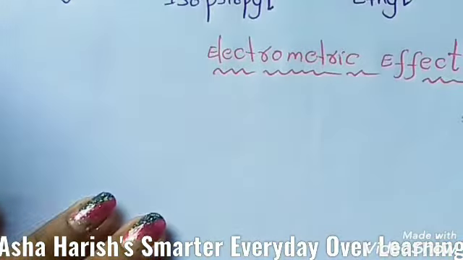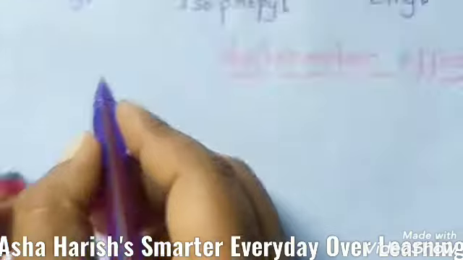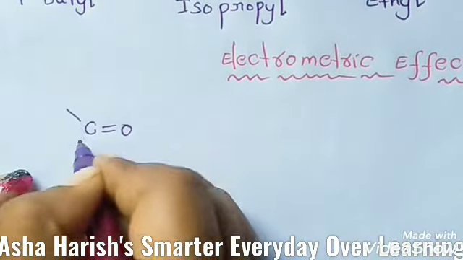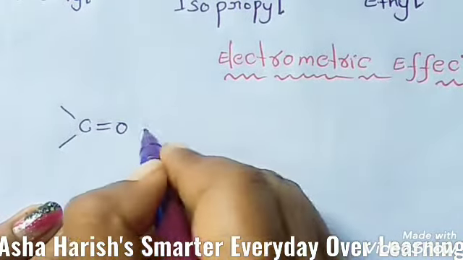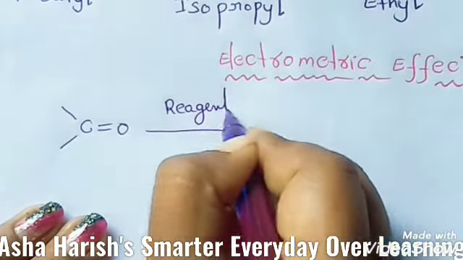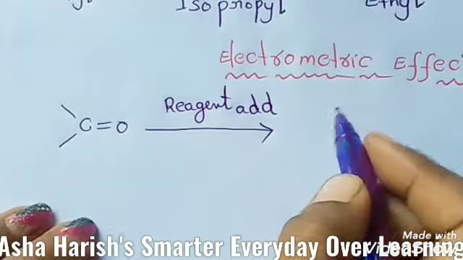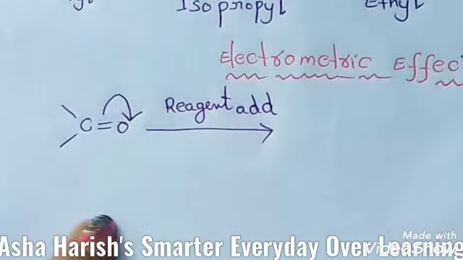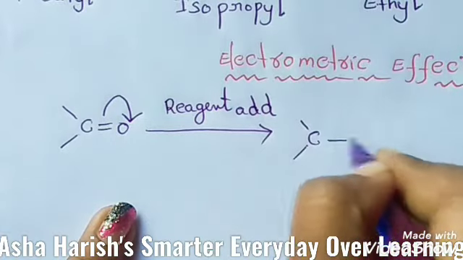Let's see clearly with an example, then you can understand it. For suppose if you take the compound C double bond O like this, and a reagent is added to this, then what should happen here? Here the electron displacement could be done. After that, what should happen?